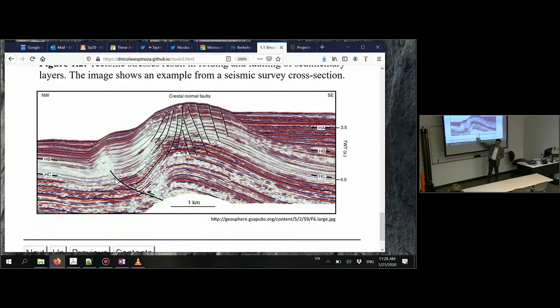That fault is already there. It was formed several million years ago, but with some of our operations, sometimes we can disturb the equilibrium, and if we reactivate the fault, that can cause an earthquake. We don't want that to happen. So we're going to see what are all the mechanisms for that.